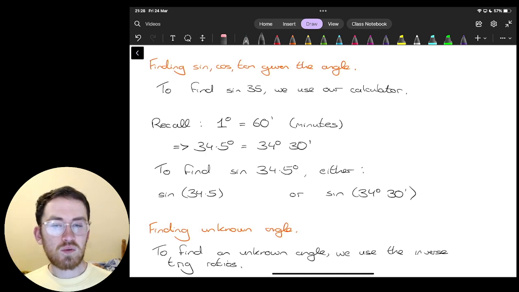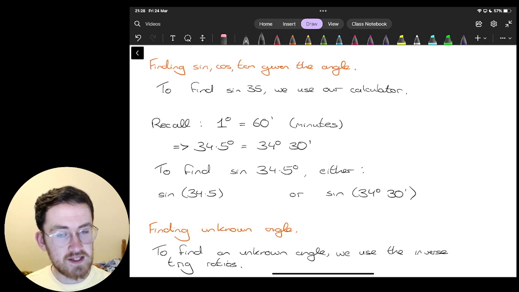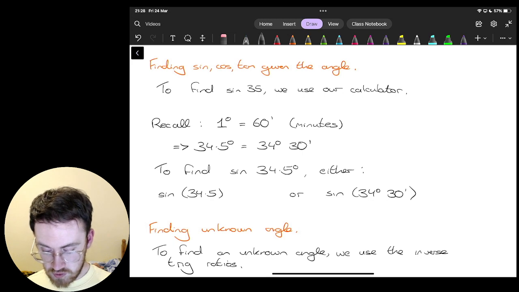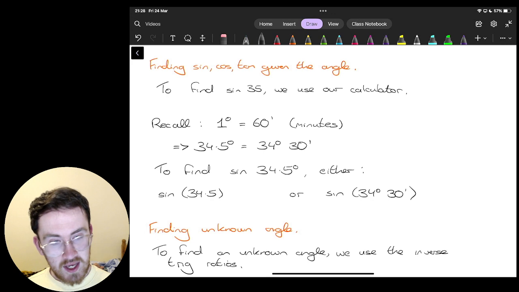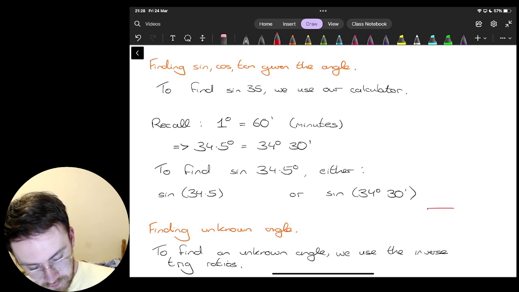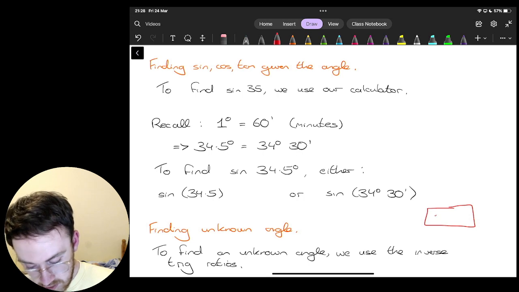So if we're using our calculator and we want to find, for example, 34.5 degrees, that is the same as 34 degrees and 30 minutes, like half an hour. So if we're finding sine of 34.5, we can find sine 34.5, or we could get sine of 34 degrees 30 minutes, using the button on our calculator, and it looks like this here.